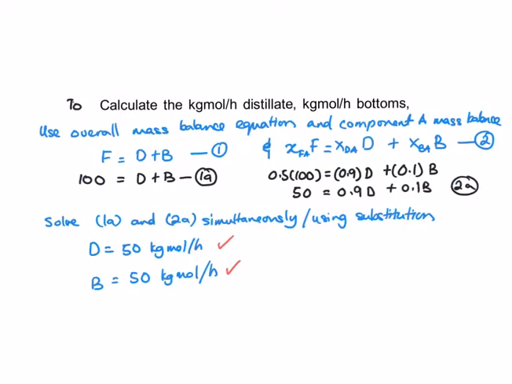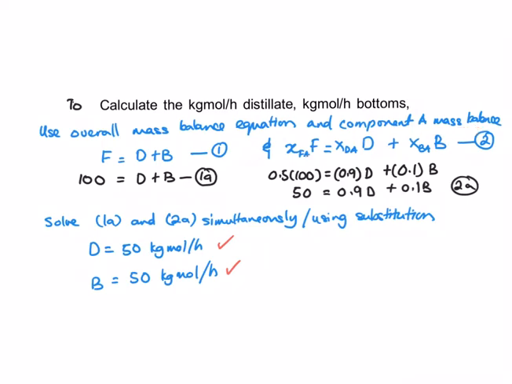In this question you are required to calculate the flow rates of your distillate and the flow rates of the bottom. Distillate is represented by the symbol D, bottom by the symbol B. You are given the feed flow rate as 100 kg mole per hour. To solve for your distillate and bottom, you have two unknowns, therefore you need two equations. One equation comes from the overall mass balance, and another comes from the component A mass balance.